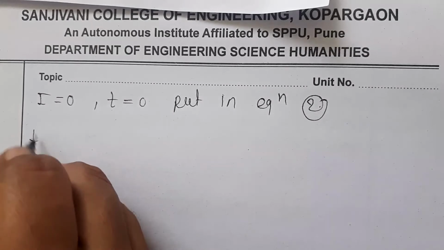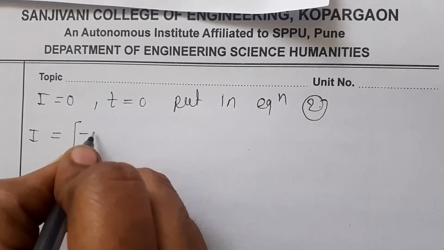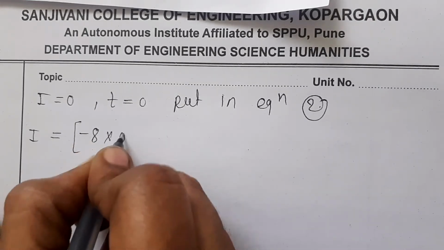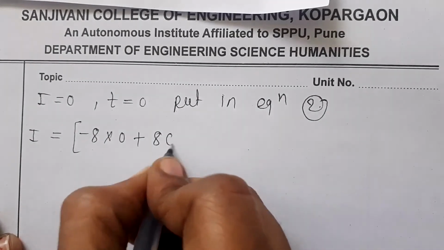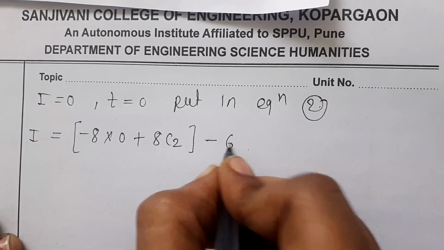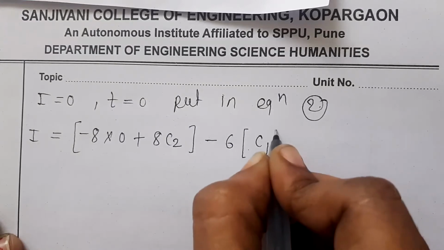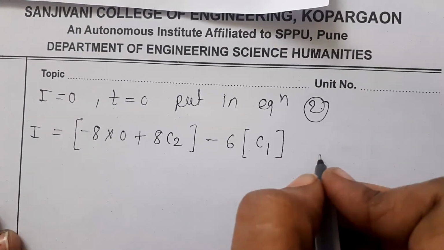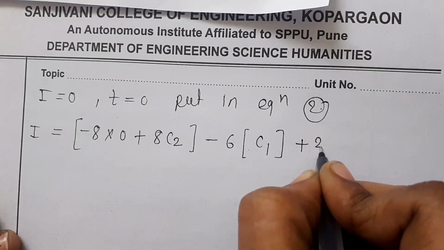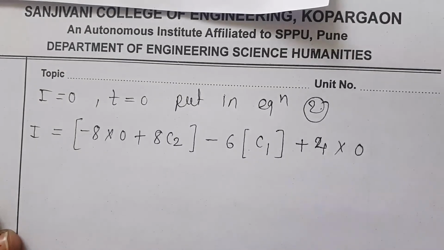So I equals e to the power 0 is 1, minus 8 sin 0, sin 0 is 0, plus 8 cos 0 is 1, minus 6 e to the power 0 is 1, C1 cos 0 is 1, sin 0 is 0, plus 4 times sin 0 is 0.